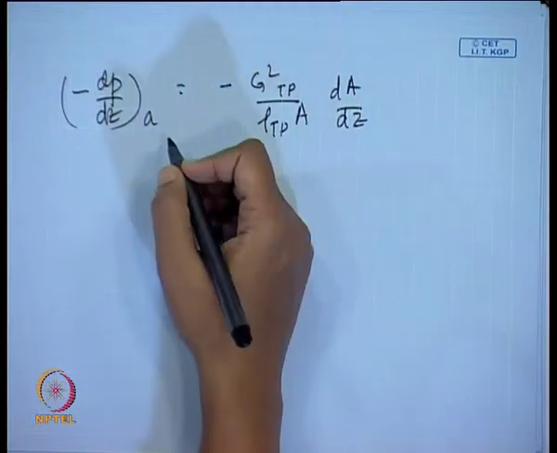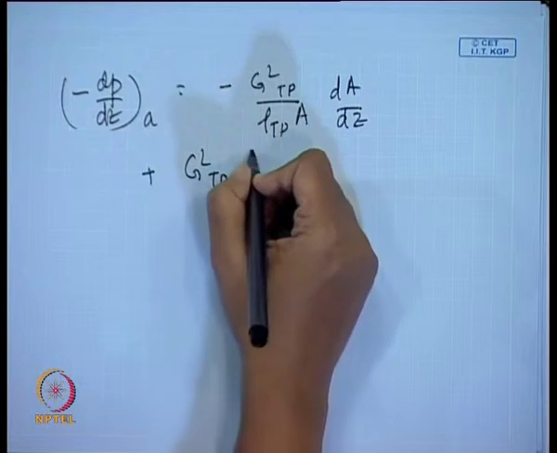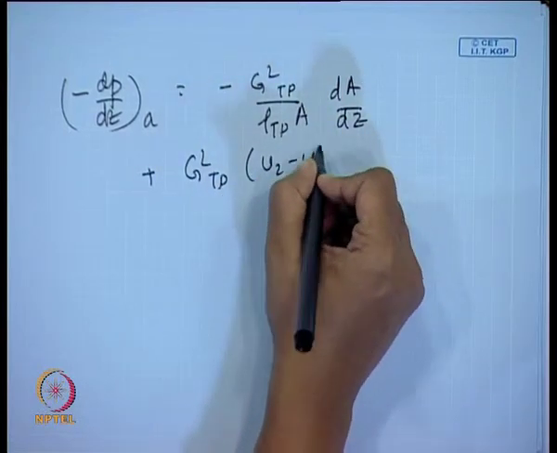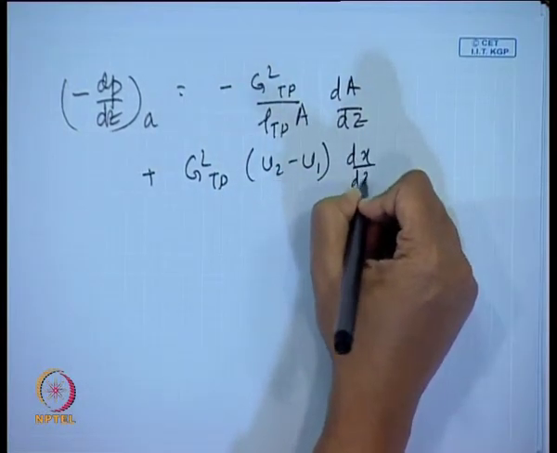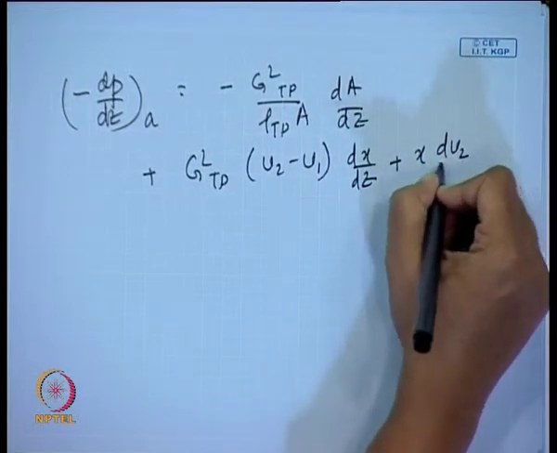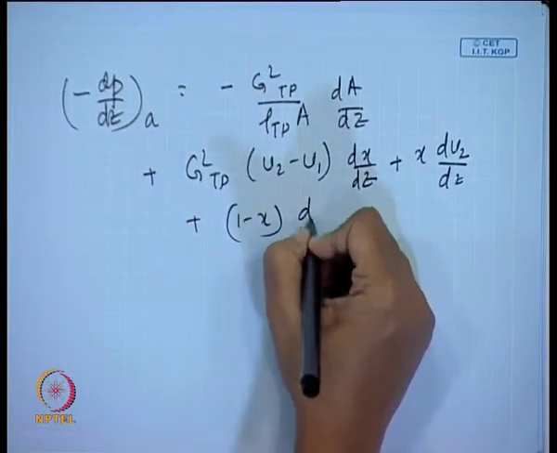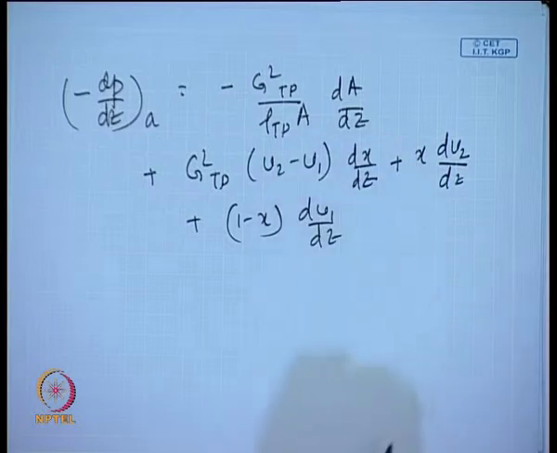And the other term, if you do it, then the thing which you are going to get is G squared_TP [(V2 minus V1) dx/dz plus x dV2/dz plus (1 minus x) dV1/dz].